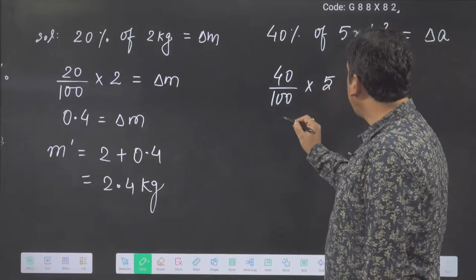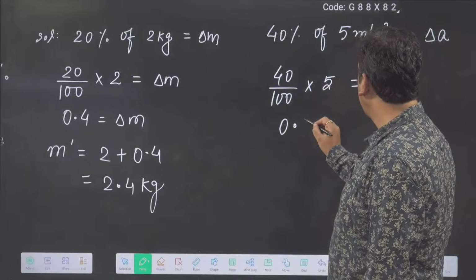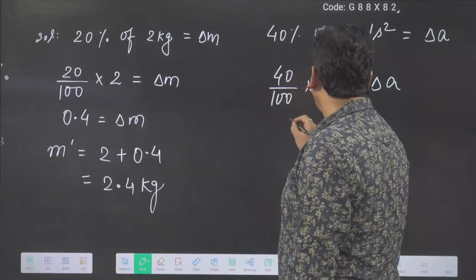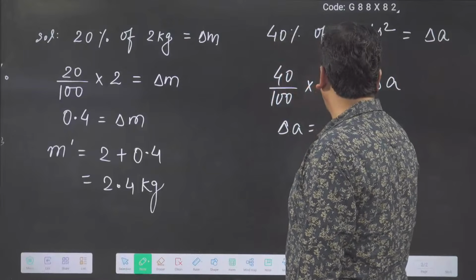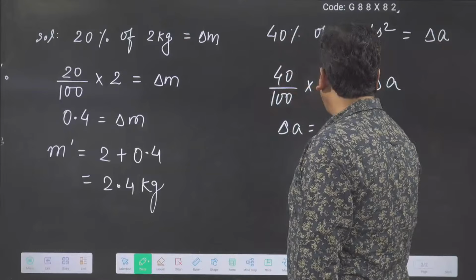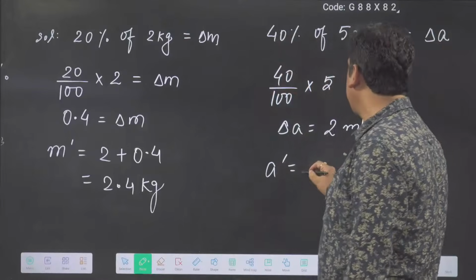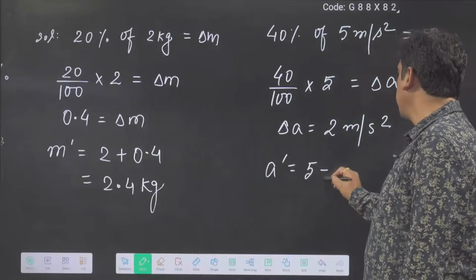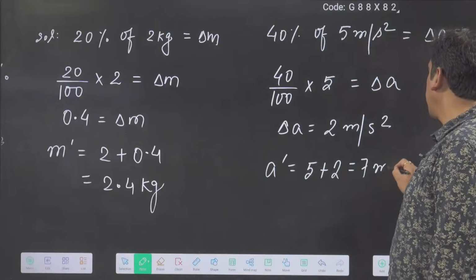So I think it will be 0 point. No, my mistake. It's 2. That means our new acceleration is 5 plus 2, 7 meter per second square.